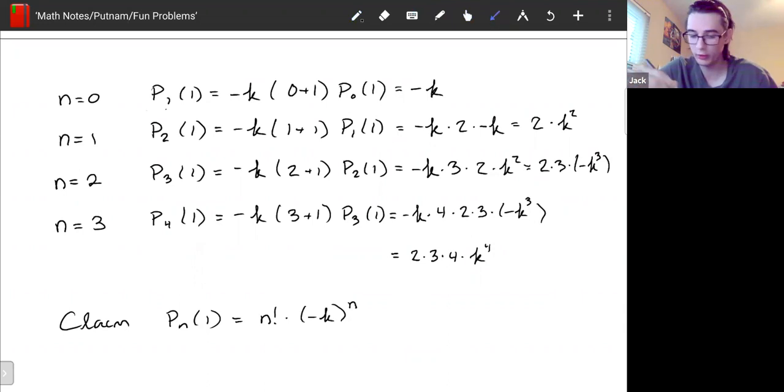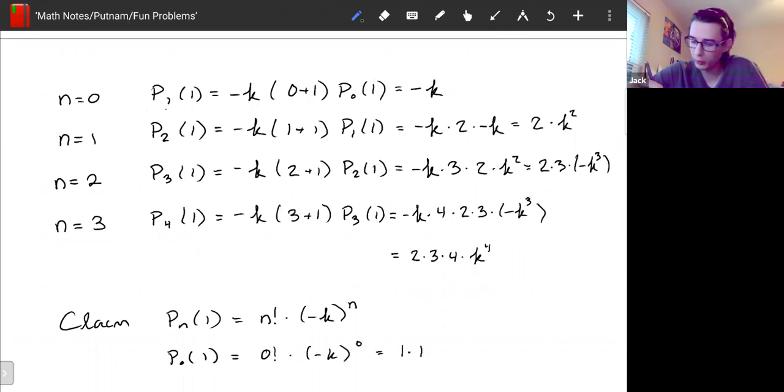Because if we look at this, if we plug in, let's say, p sub 0, right? P sub naught, if we plug in that, we get 0 factorial times negative k to the power of 0.